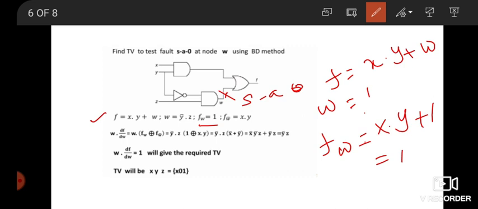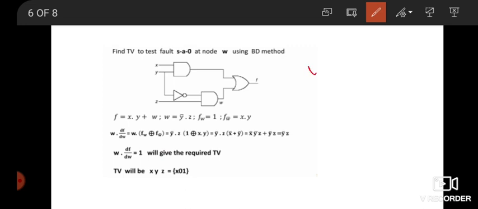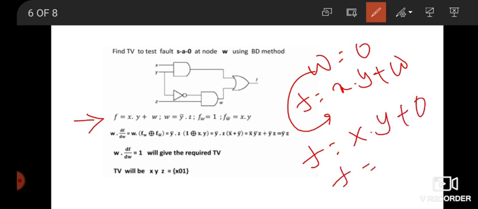Next step is to find f of w bar, that means substituting w equal to 0 in this expression: f equals x dot y plus 0, so f equals x dot y.